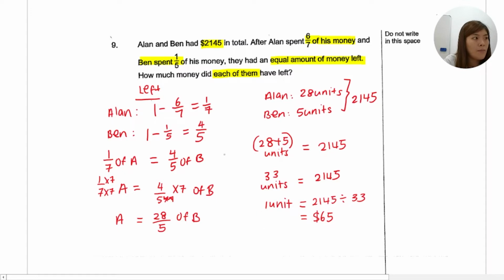So for each of them, we can use Ben, 4 units, right? So 4 units equals 65 times 4, 260. Once we use this.